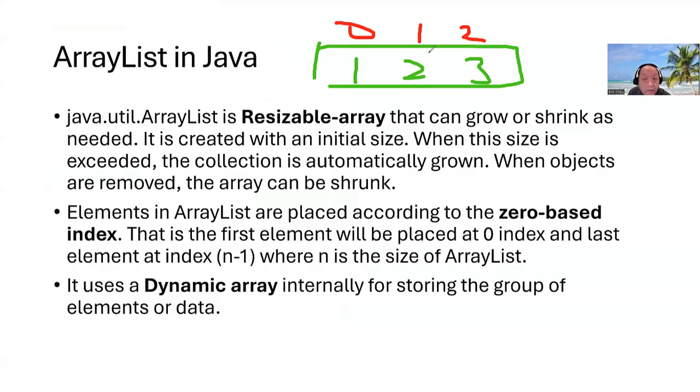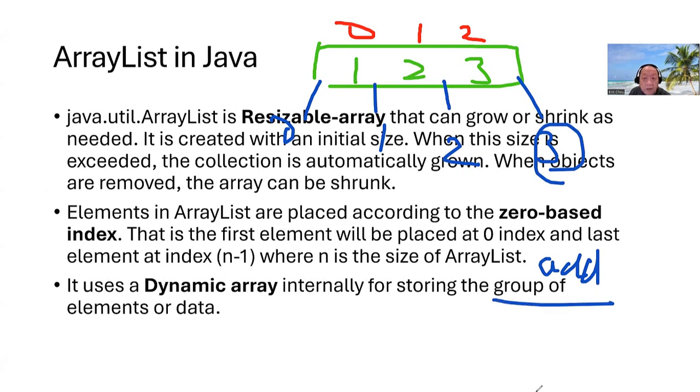Only insert or add has 0, 1, 2, 3. You have one extra index when you do add. Is that okay? That's the only thing you need to be careful about: only the add function has one more insertion location.